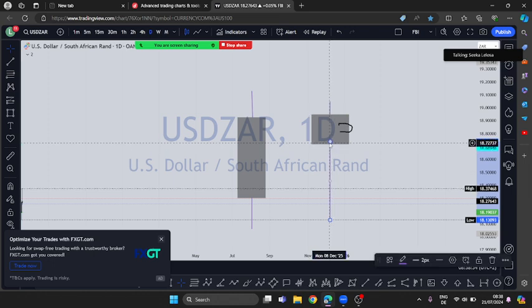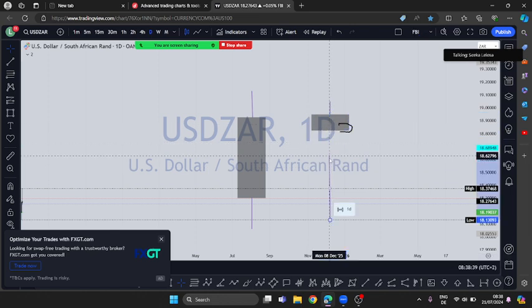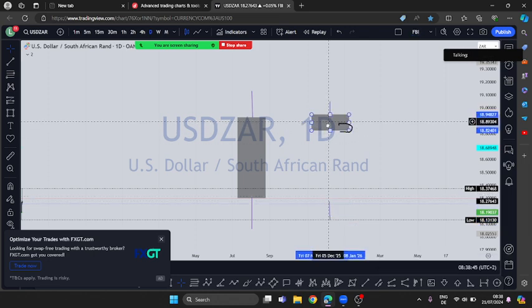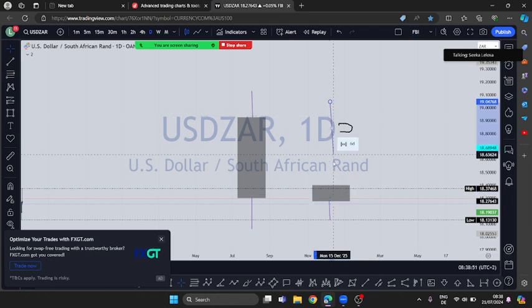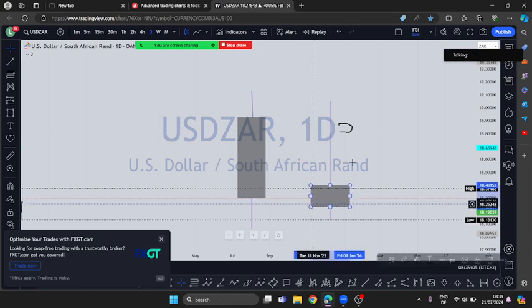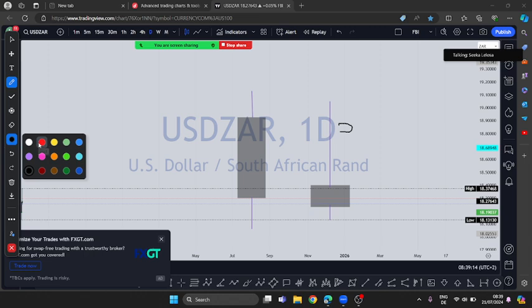And then we have a scenario whereby we have the opposite. In this case, the selling force, let me just make it red.